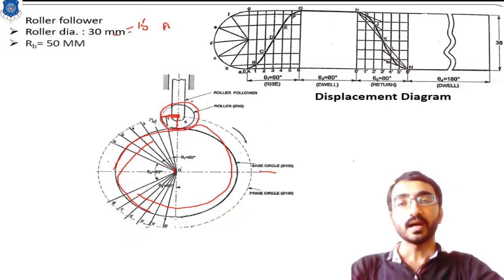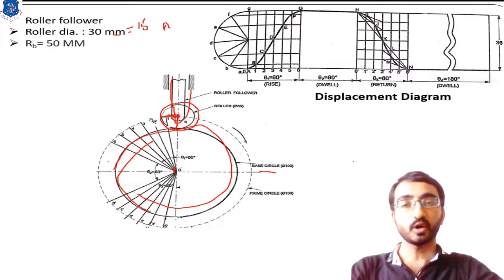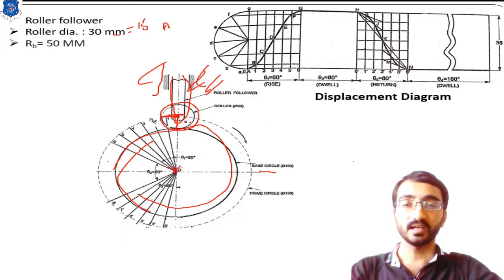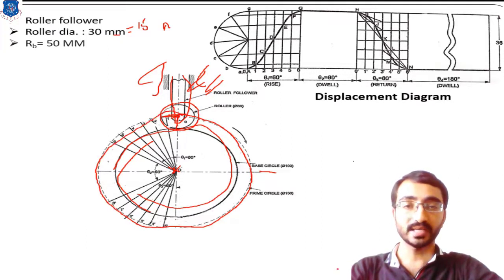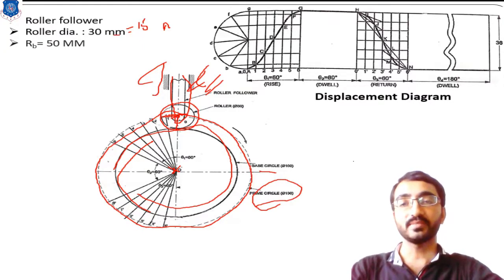After sketching this base circle, plot your roller follower frame. Then consider the center point of your base circle to the center of your roller, and draw the second circle, which is known as the prime circle. Be careful over here, so you will get the prime circle.